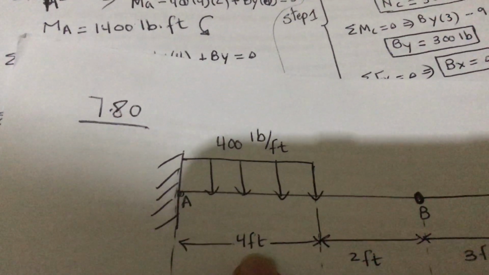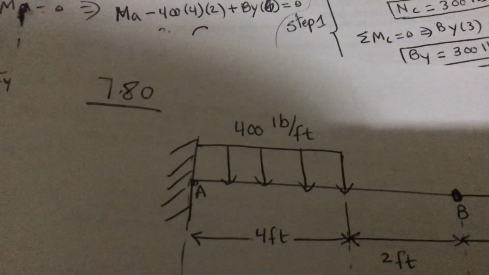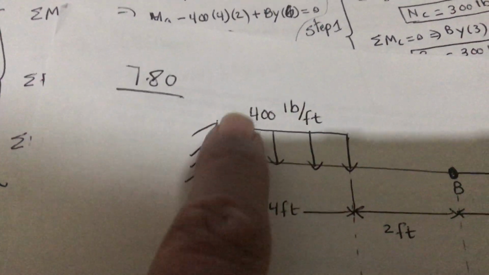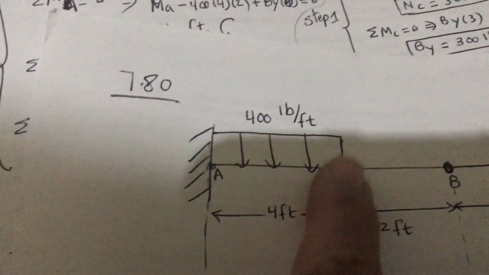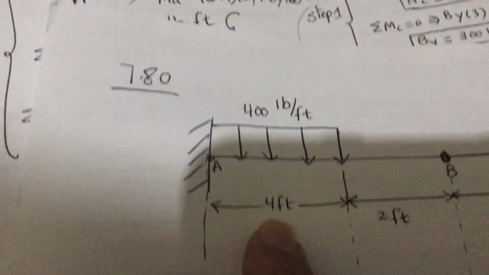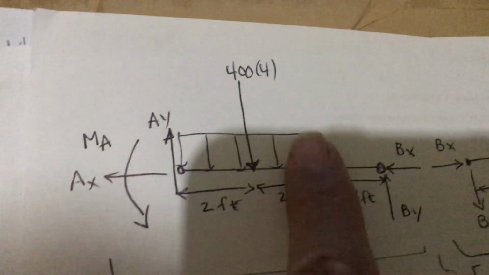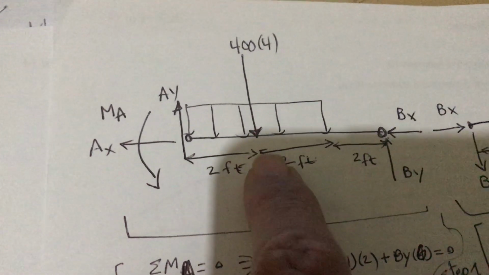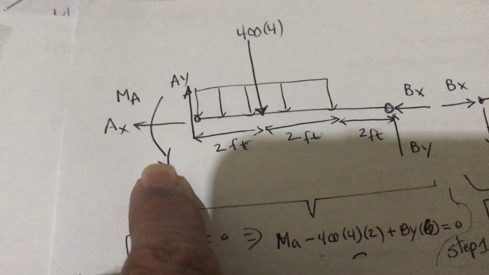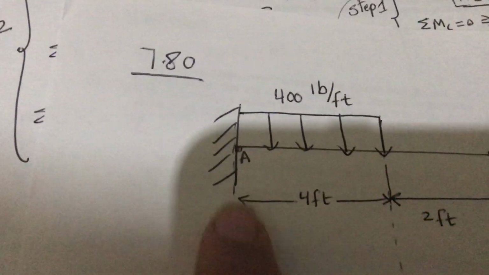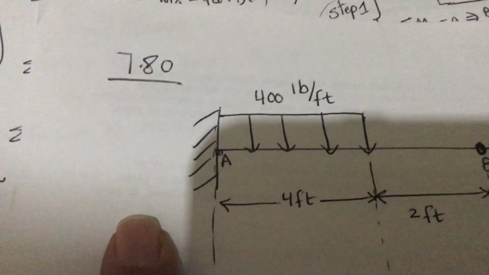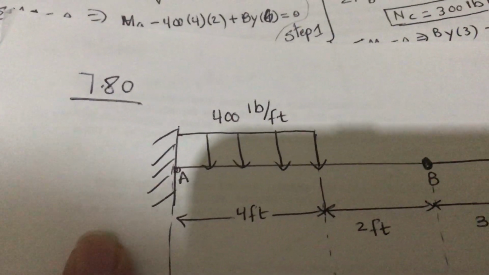So 400 times 4 is 1,600 pounds, and it is in the middle, because this is a rectangle, so the resultant is in the middle of the 4 feet, 2 feet, 2 feet. And here there's AY, AX, and a moment at A. So here there are 3 reactions, one in the X, one in the Y, and another moment.